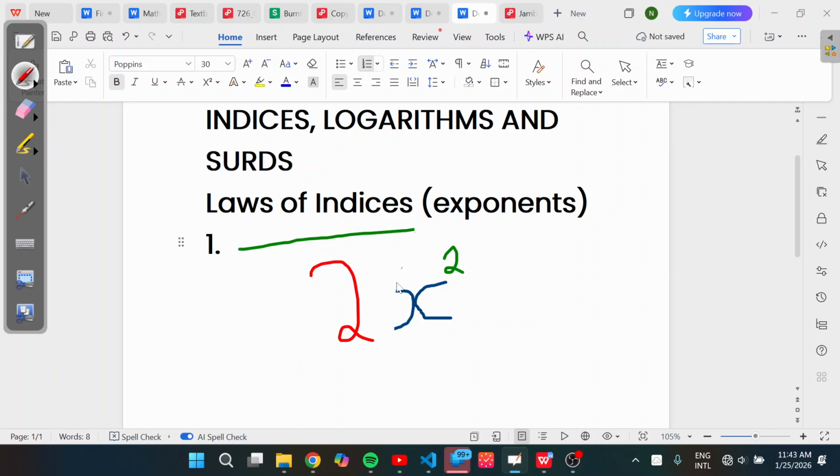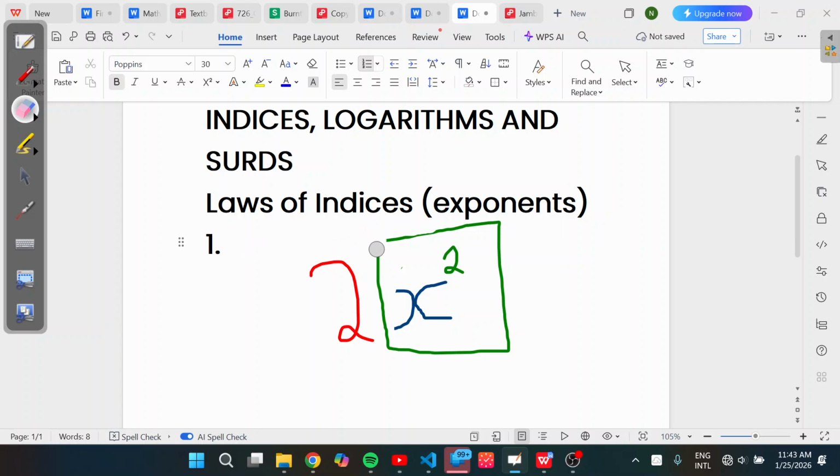This is 2, so we have 2 of this x squared. If we put this one aside, we have 2 of this x squared. So the coefficient tells you how many of what is in front of it we have. We have 2 of this. That's all we need to know about the coefficient.